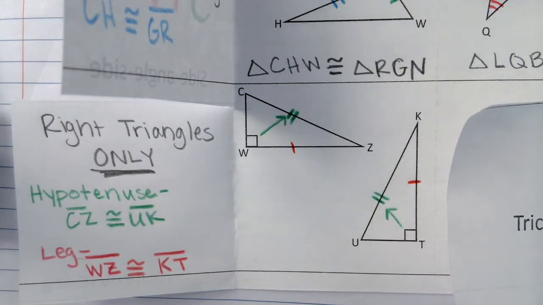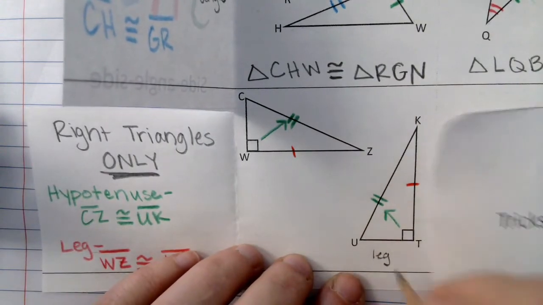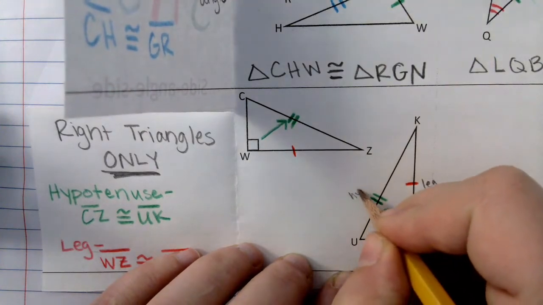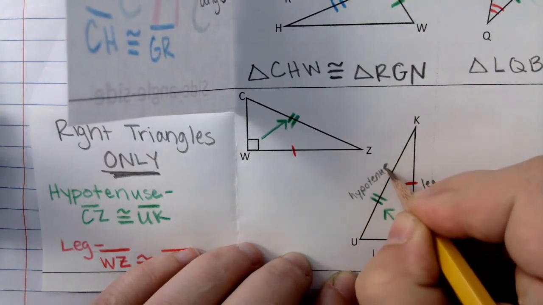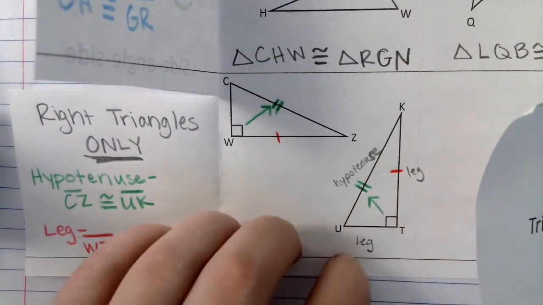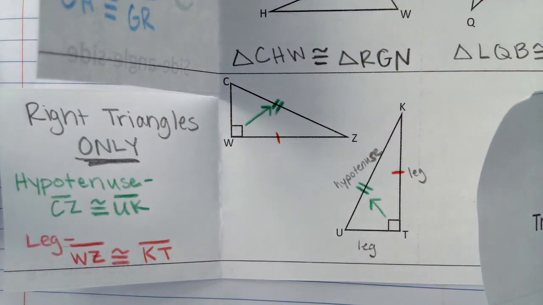All right, let me just have our congruency statement here. So triangle, first triangle, doesn't matter the order. Cody, give us the first triangle. What would you like? TUK. You're missing a letter. TUK.